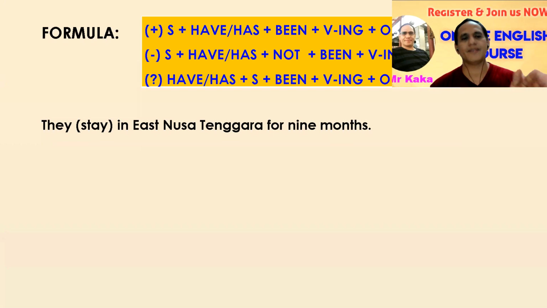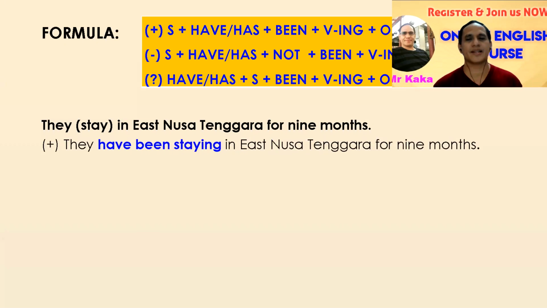Okay, they stay in East Nusa Tenggara for 9 months, right? Okay, if you want to change this sentence into the positive form of present perfect continuous tense, it will be they have been staying in East Nusa Tenggara for 9 months, right?